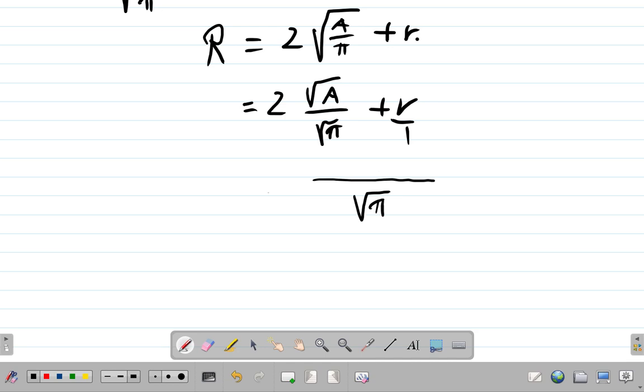The pi into pi goes 1 time. 1 times 2 square root of A is just 2 square root of A. Plus 1 into square root of pi. Square root of pi into square root of pi goes 1 time. Remember your fraction? 1 times 2 square root of A is 2 square root of A. Plus 1 into square root of pi goes square root of pi times. Square root of pi times small r is square root of pi small r. It's possible that you might get it looking this way, but it's the same thing.